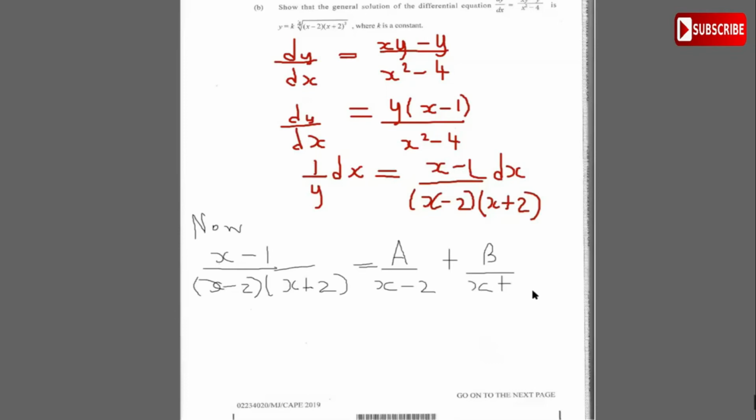So now we can separate them to find a and b.